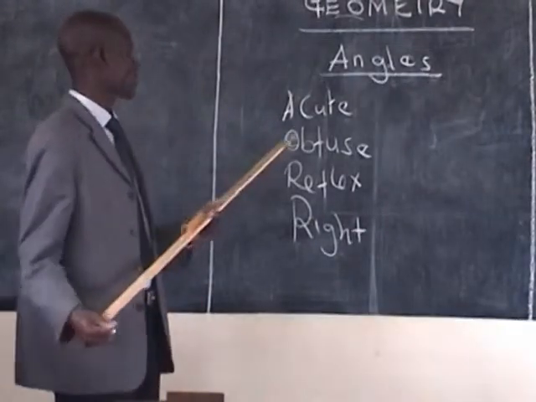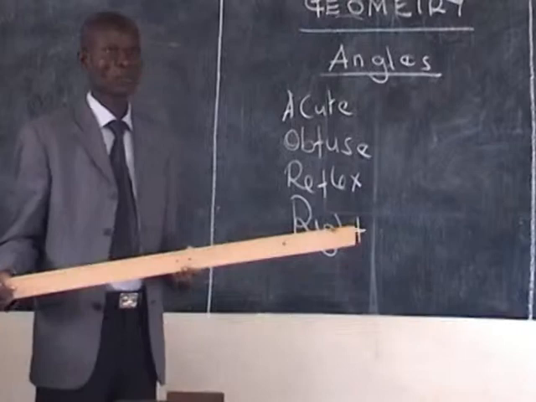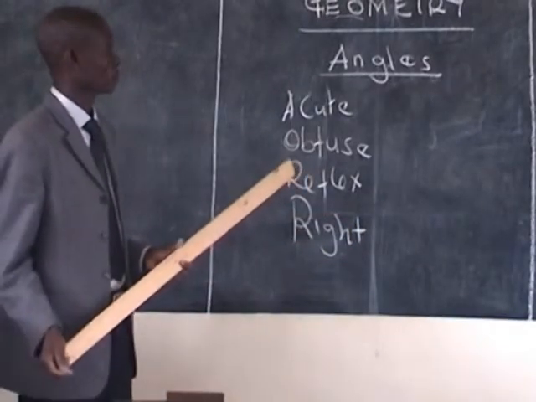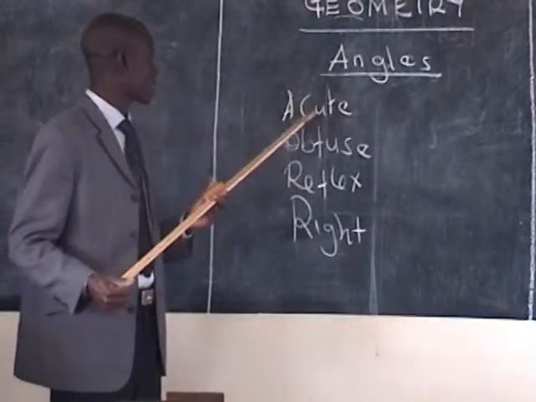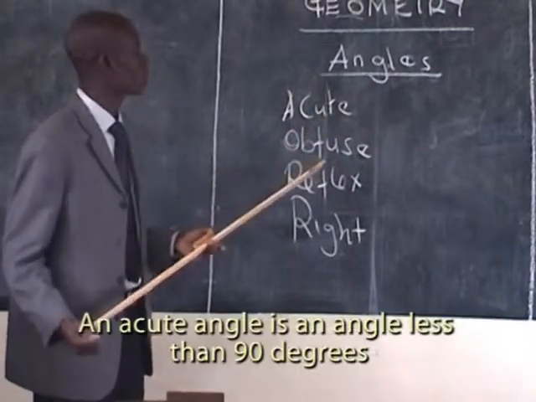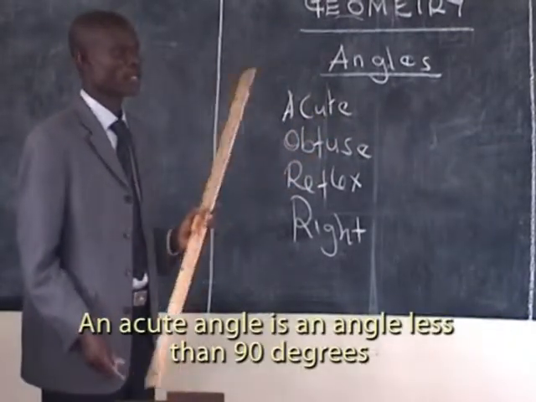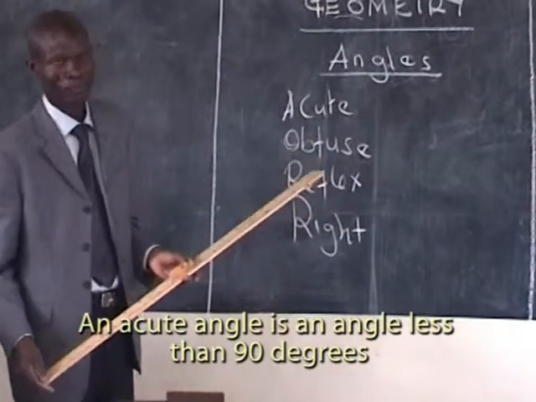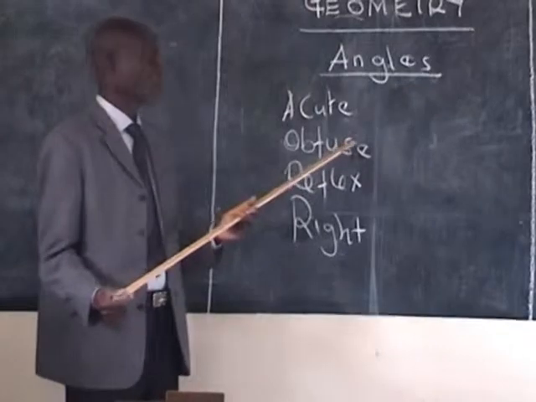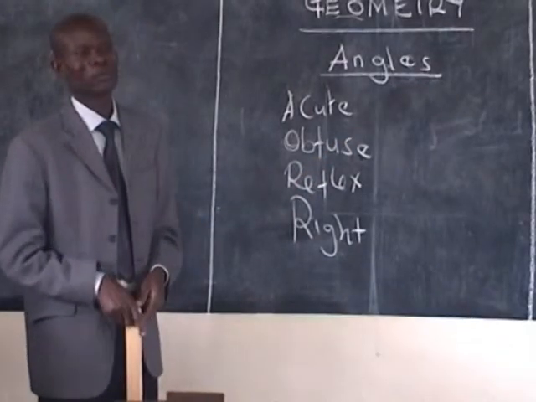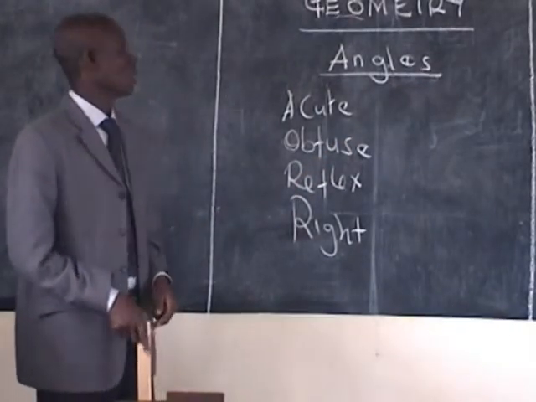Now, what did we say an acute angle is? Good. We said that an acute angle is an angle that is less than 90 degrees. What about an obtuse angle? Good.